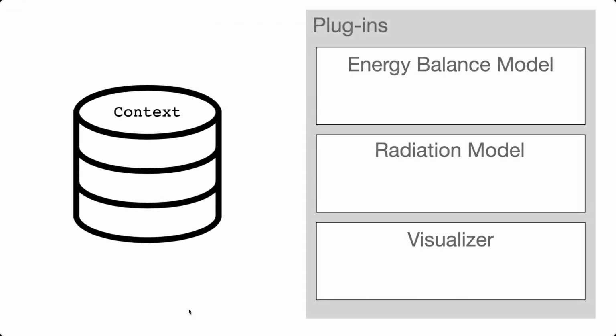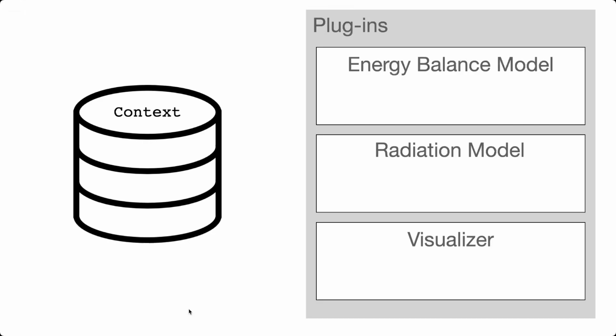Now, once we have our geometry and our data in our context, the idea is that the context can then be passed around to different plugins in order to either allow them to get information that they need in order to do the simulation, or to write computed data values back to the context.